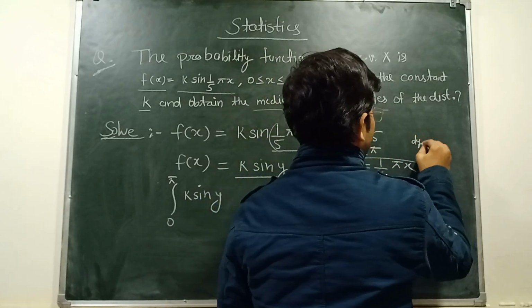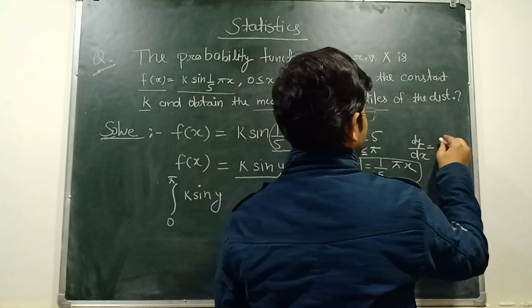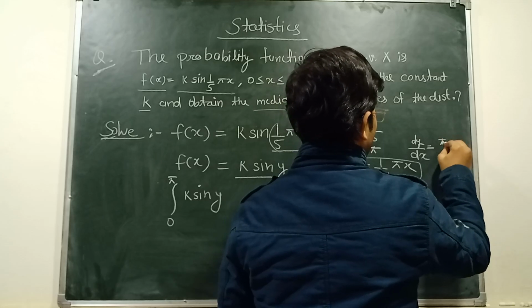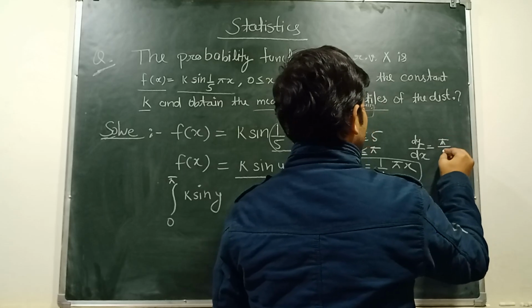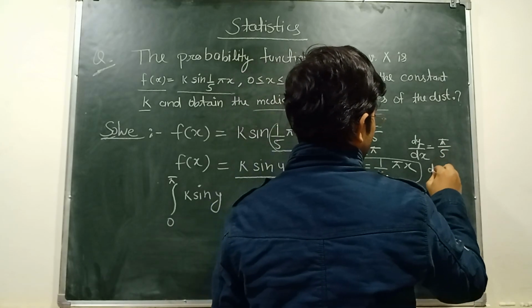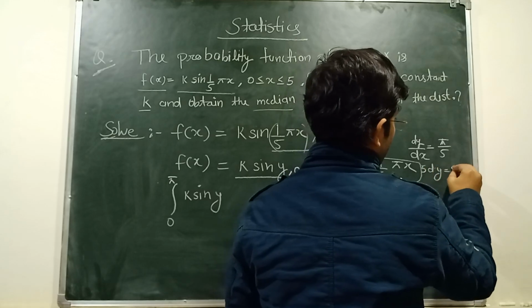So first of all we differentiate with respect to y: y = πx/5, so 5 dy = π dx.